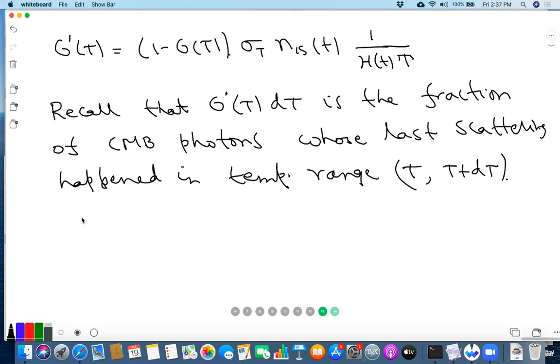So if you plot O versus T, we expect a graph like this. Okay, it goes to 0 at both ends. Sorry, not O, O prime.